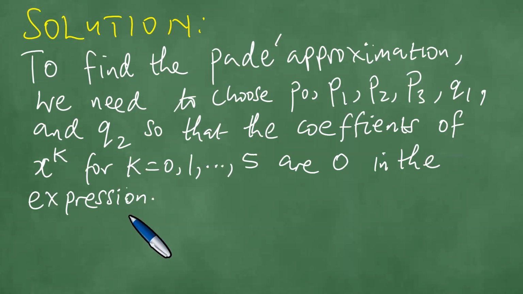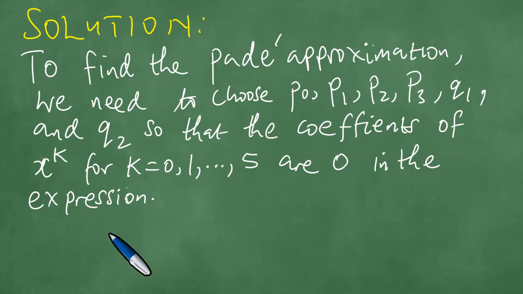We note this statement says, effectively, that to find the Pade approximation, we need to choose P0, P1, P2, P3, Q1, and Q2 so that the coefficients of x to the power k for k equals 0 to 5 are 0 in the expression. We're going to see and understand what this actually means.